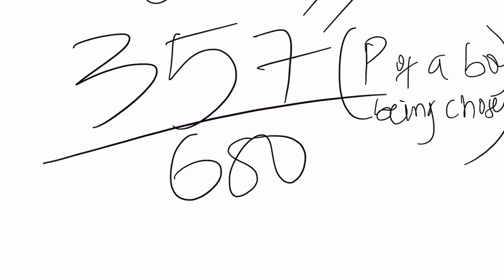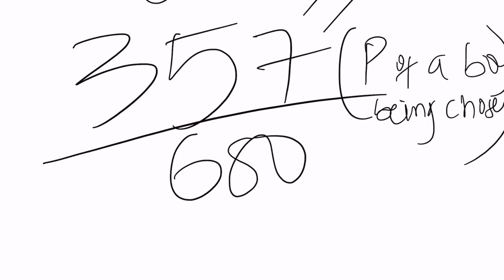So we have for a girl 323 over 680 and for the boy 357 over 680. This is an example of an experimental probability, where we have the total number of required outcomes over the number of possible outcomes.